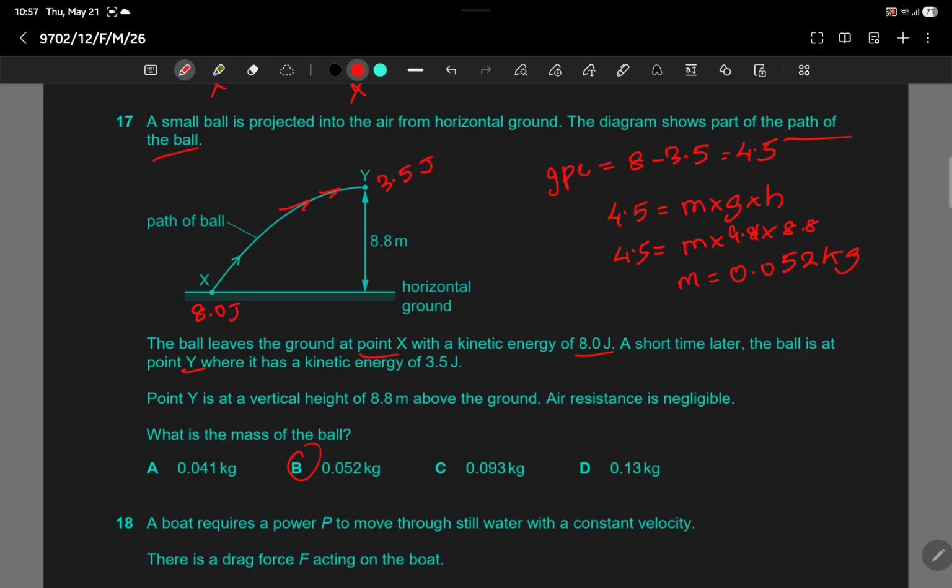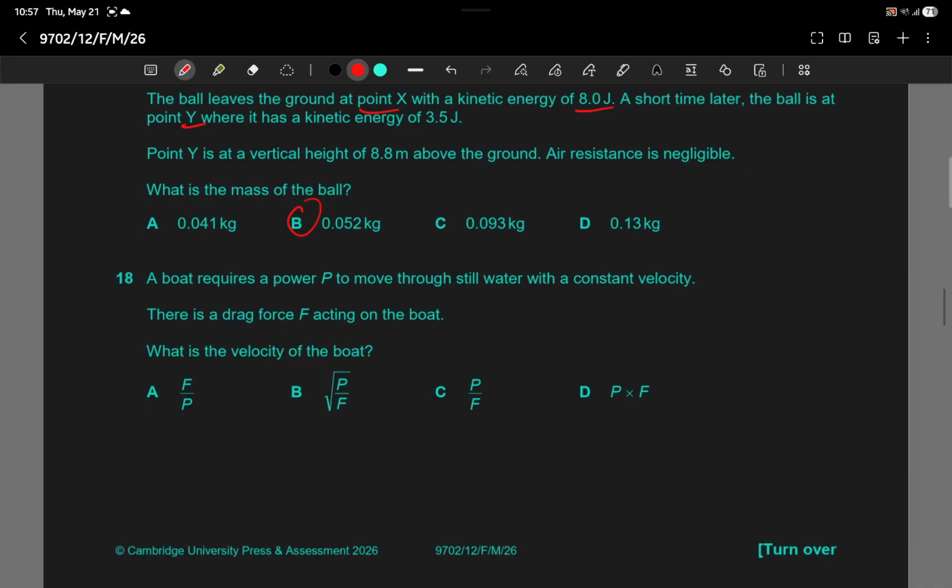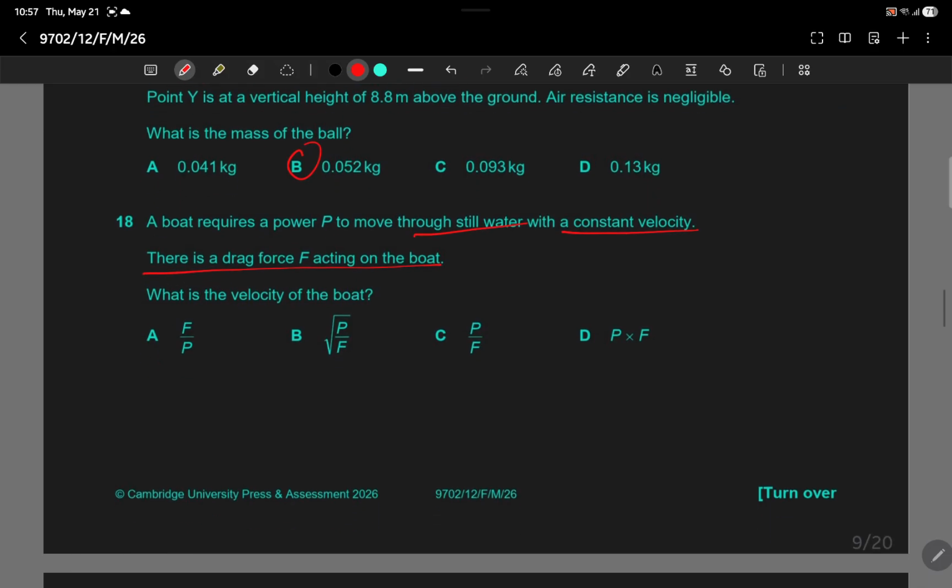Now question number 18. A boat requires a power to move through still water with a constant velocity. There's a drag force F acting on the boat. What is the velocity of the boat? There is a formula: power equals force times velocity.